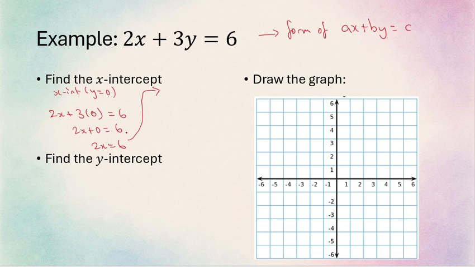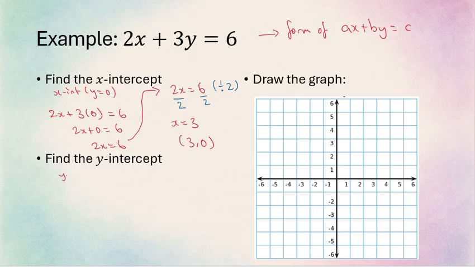I need to get rid of 2. So I'm just going to rewrite it again just to make life a bit easier. So how would I get rid of the 2 attached to the x? Okay, so the 2 is the coefficient. How do I get rid of the coefficient of 2? I'm going to divide by 2 on both sides. So when I divide by 2 on both sides like that, I end up with x equals 3. That means my coordinate point is (3, 0).